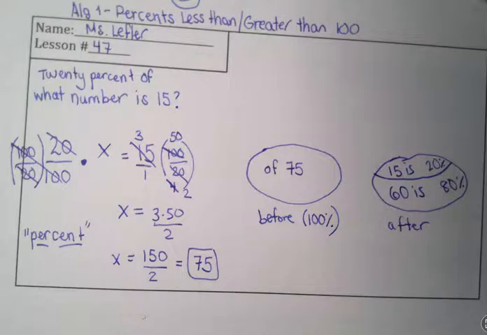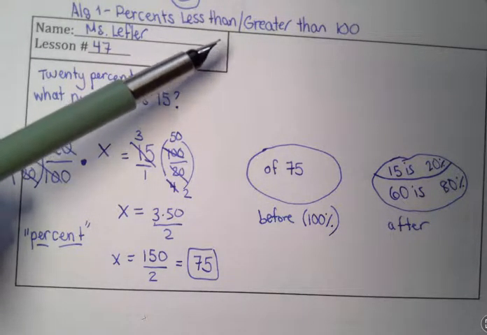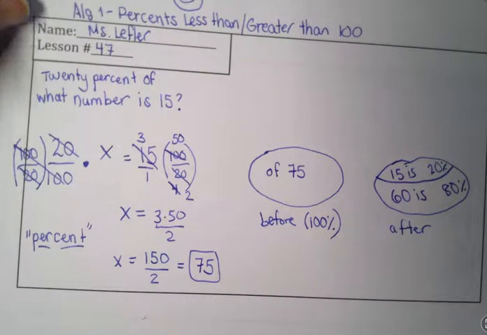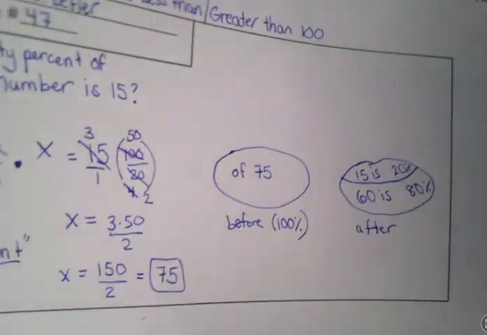All right. So this was a percent that was less than 100, but now let's go to an example that's a percent greater than 100. So in this next little box here, we have this problem. So please write this down.